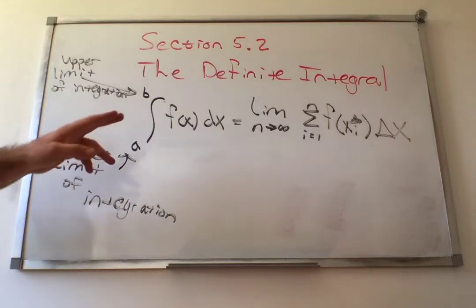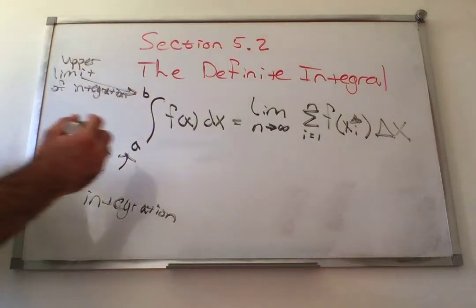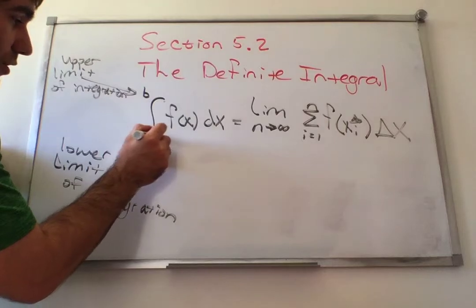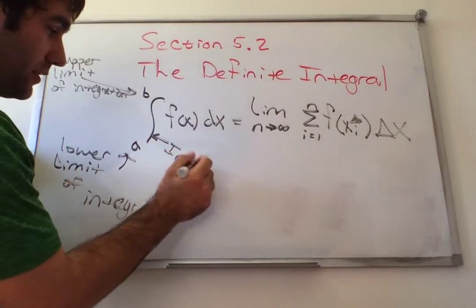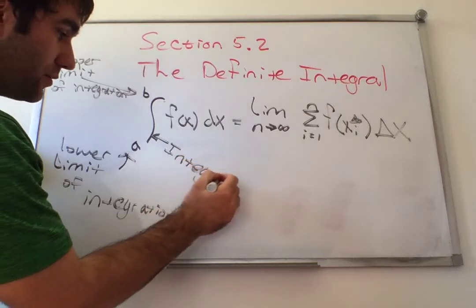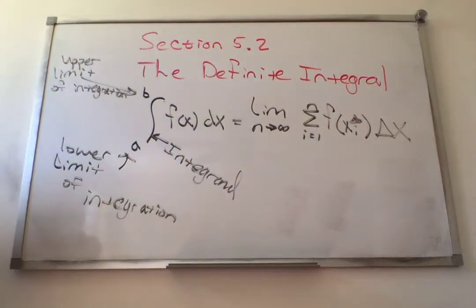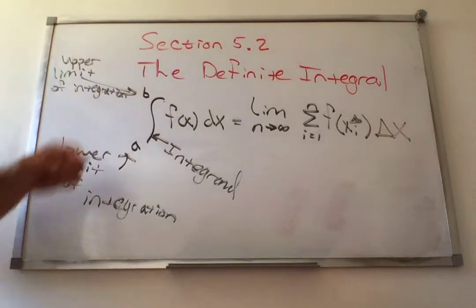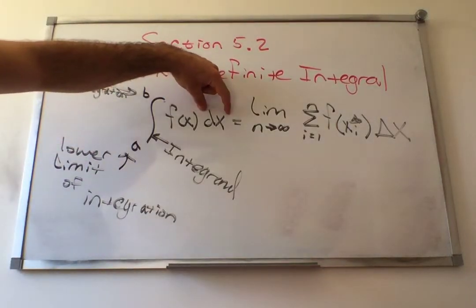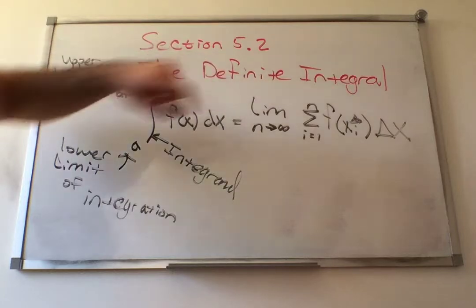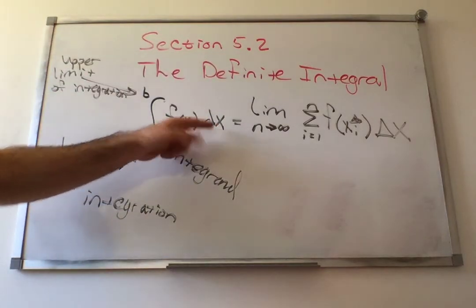Now this symbol right here means the integral, and the function inside is called the integrand. And this dx right here acts as our little distance.